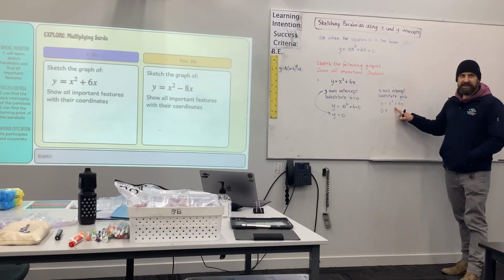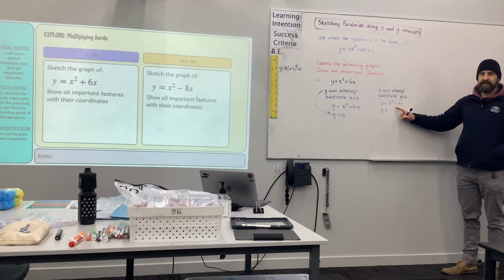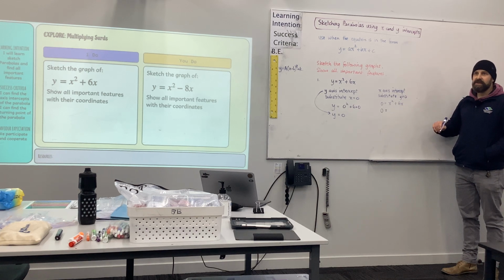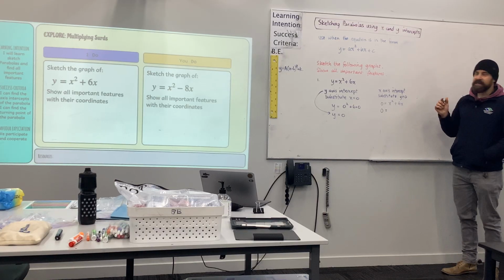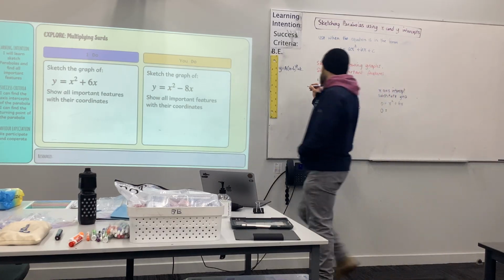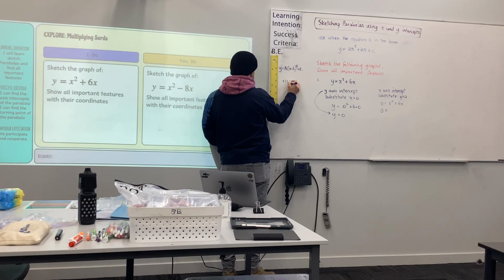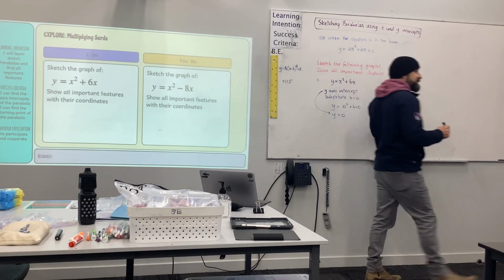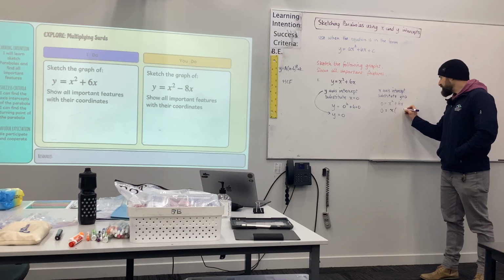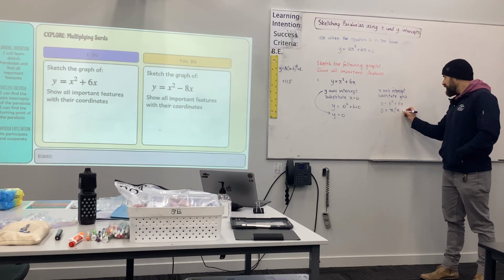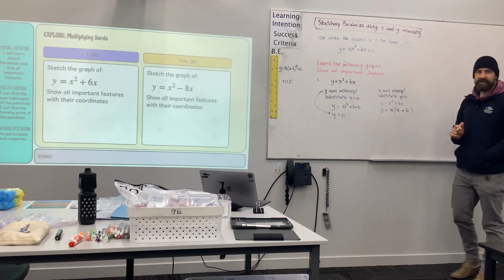How do we factorise? What's the first thing we want to do when we factorise? We look for a highest common factor. Does this have a highest common factor? Yes, x. So I take the x outside of the brackets and then I get x plus 6.